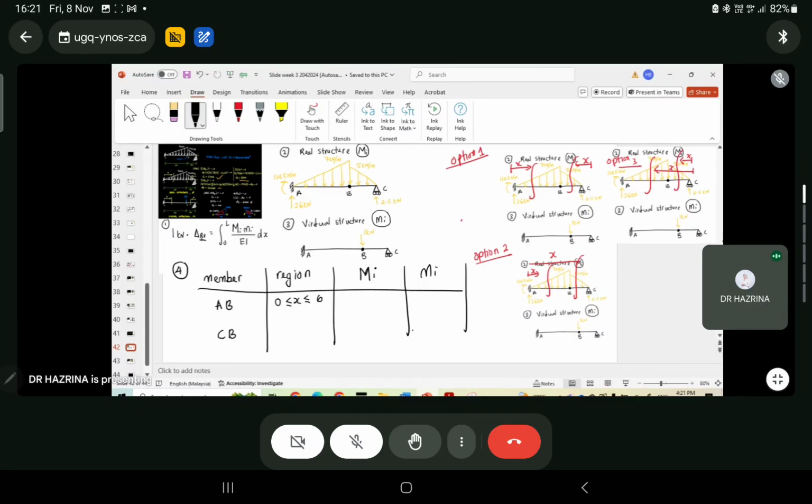Untuk CB, X adalah lebih besar daripada 0, kurang atau sama dengan 3. Alright. So, untuk nak dapatkan you punya M yang besar, dia mudahlah. Sebab dalam kes ni, you akan ada, okay, we take out this one.